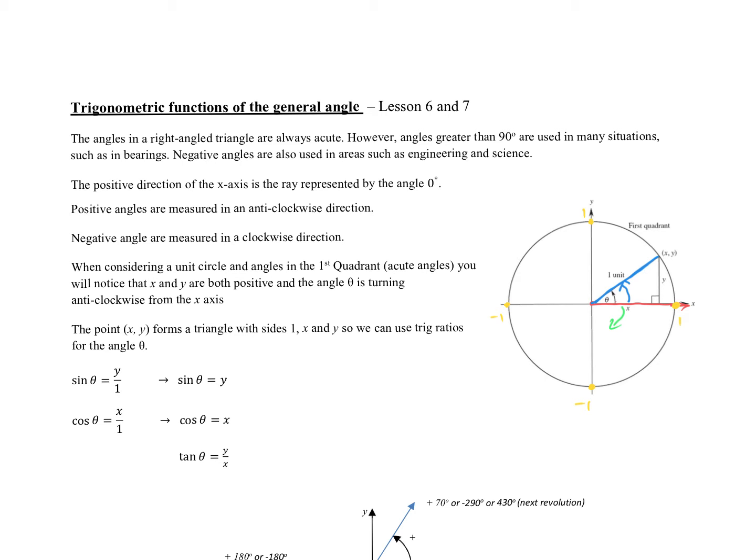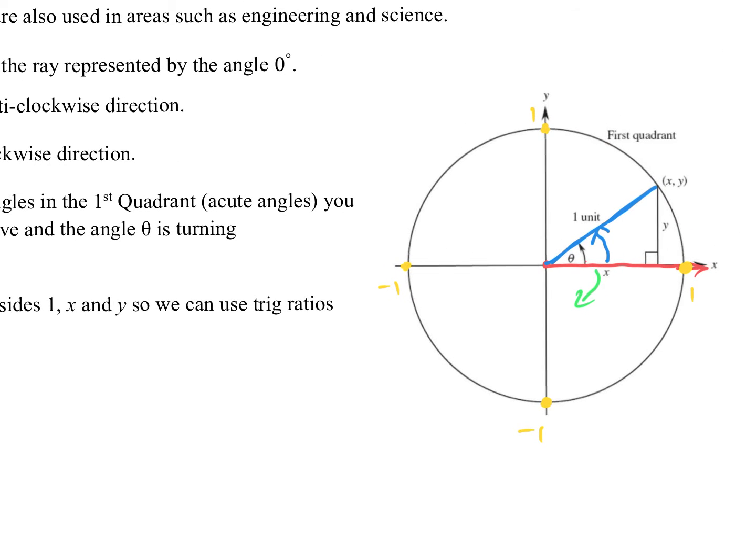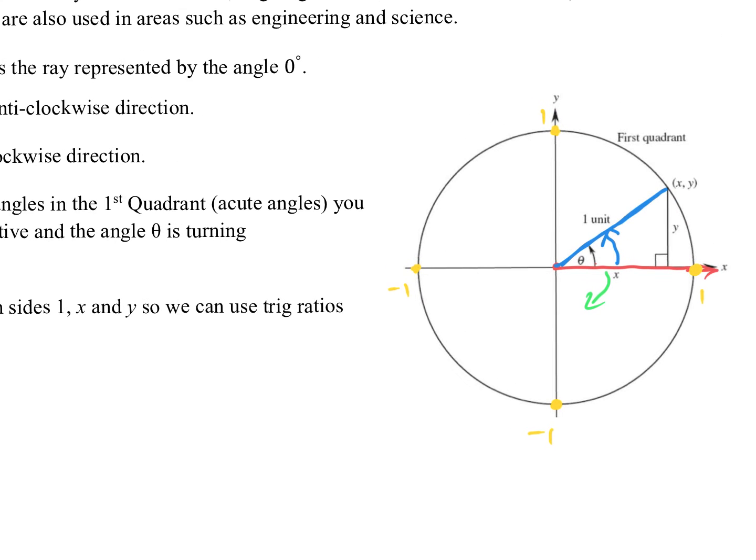The x value of that coordinate is how far along x we are, and the x coordinate is going to be positive. So x will have a positive value along the x-axis. Let me just get rid of that green. So x is going to be positive and y will also be positive.